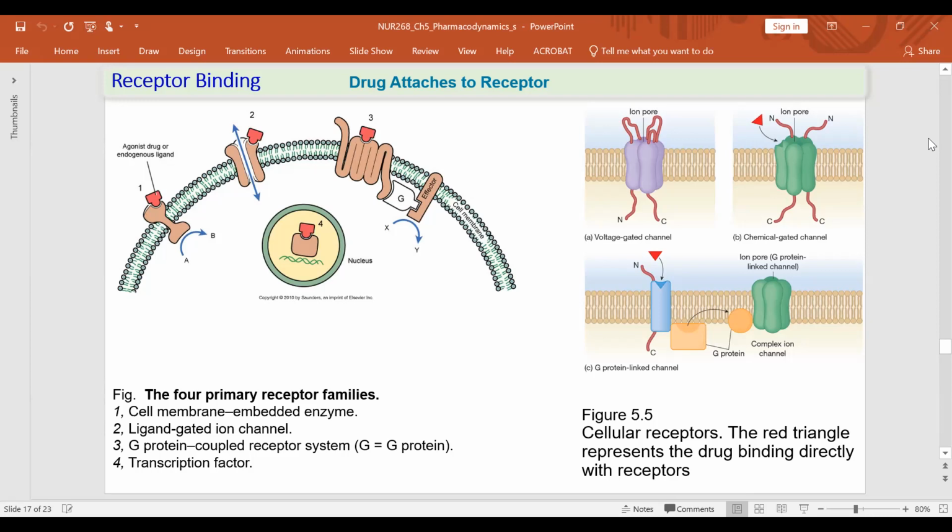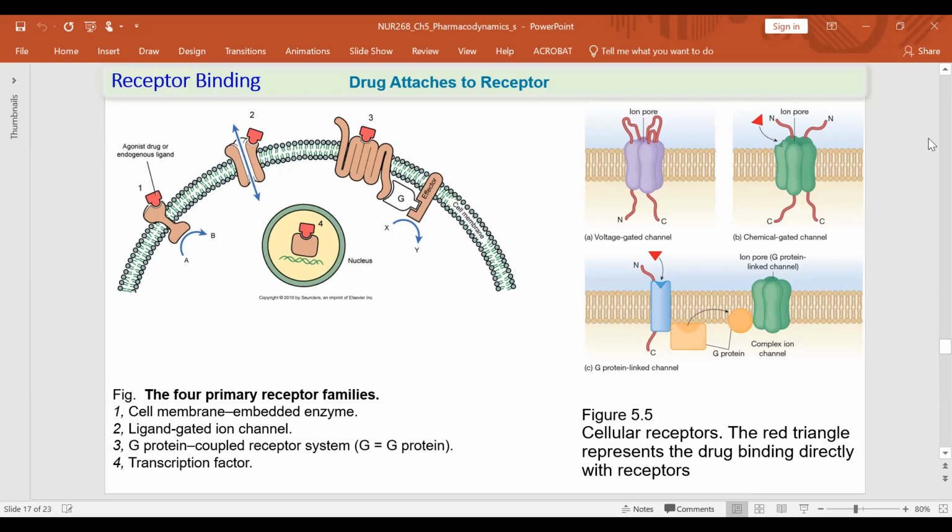Their normal function is to bind endogenous molecules such as hormones, neurotransmitters, and growth hormones. And under physiologic conditions, receptor function is regulated by molecules supplied by the body. So the drugs can only mimic or block the body's own regulatory molecule.